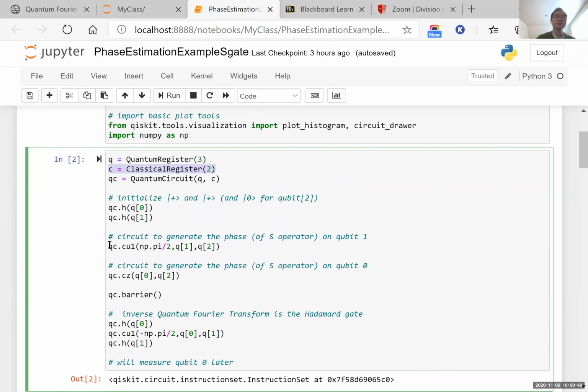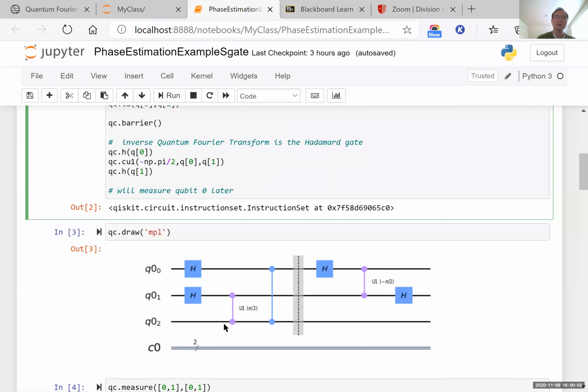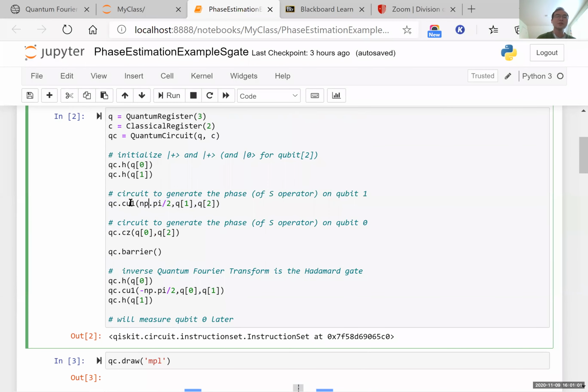To get the phase, I do a control unitary, doing the phase kickback, control S. Unfortunately, there's no control S, but control S is control U1. If you put the angle to be pi over 2, then that's the S gate.